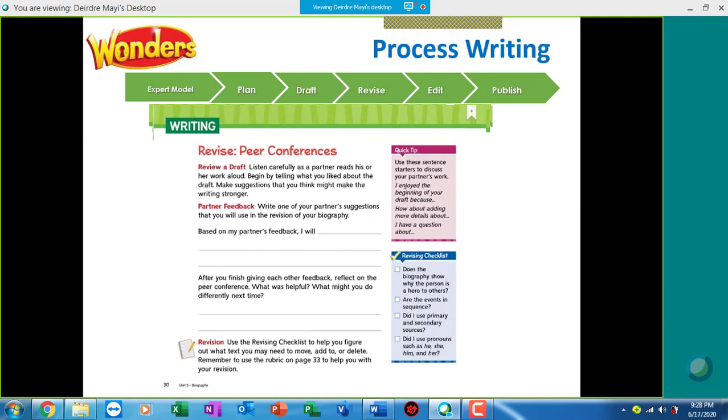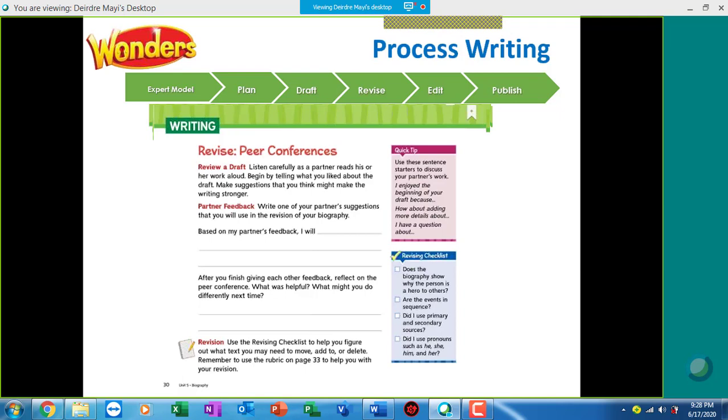As students continue to revise, they will be engaged in peer and teacher conferences. Now, remember, the students will have been engaged in those social-emotional lessons. They will have engaged in lots of collaborative conversations.